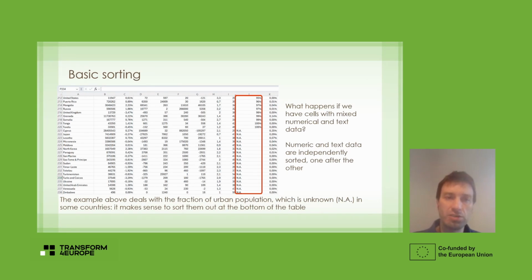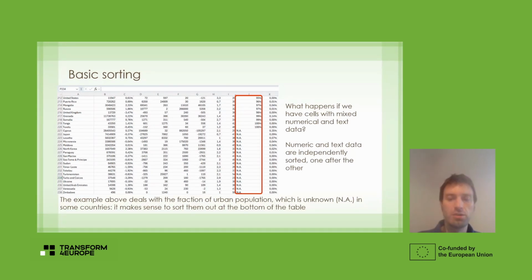So what the basic sorting option does, if you have mixed data, is that it proceeds with ordering numbers first, and then it will sort anything that looks like text. Okay, so in this case, we will have all countries ordered by the percentage of urban population from the smallest to the largest one. And then below this ordering, you will have all the countries associated with NA.